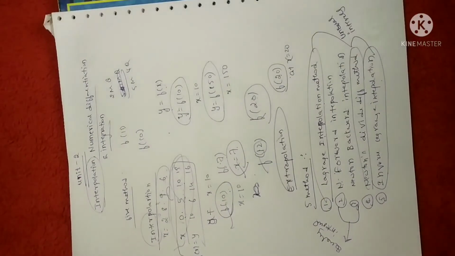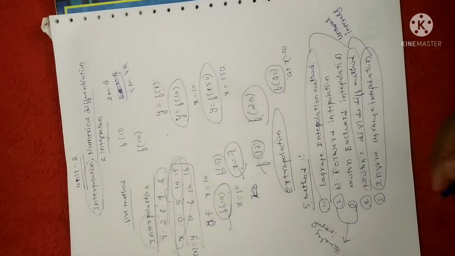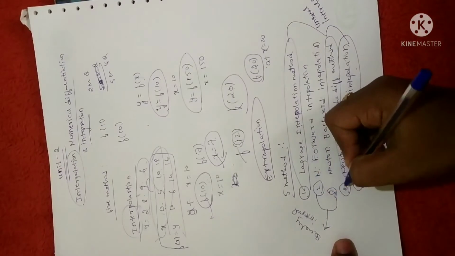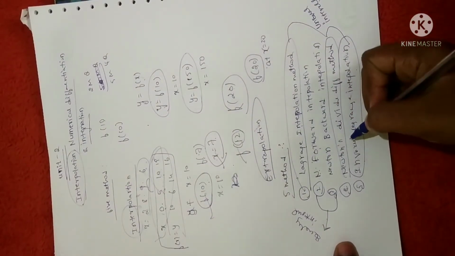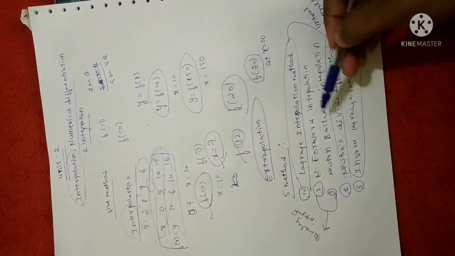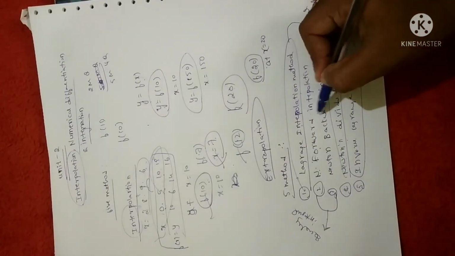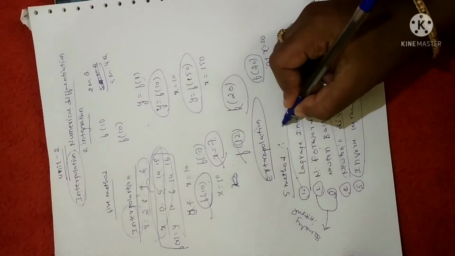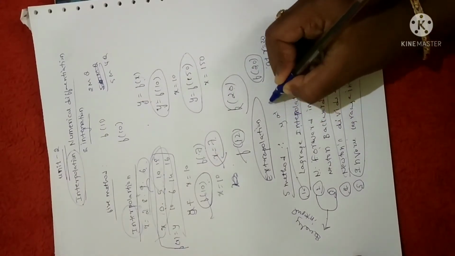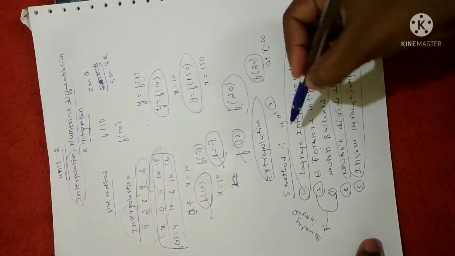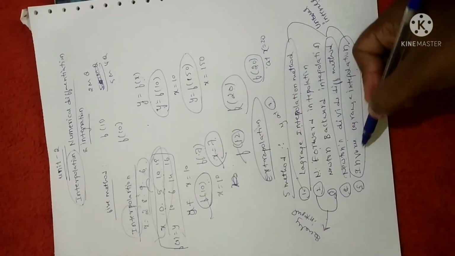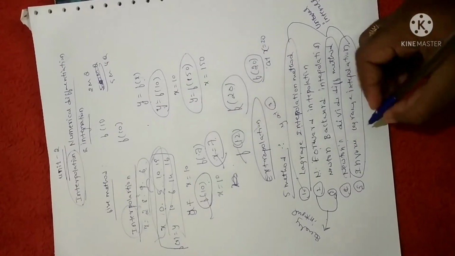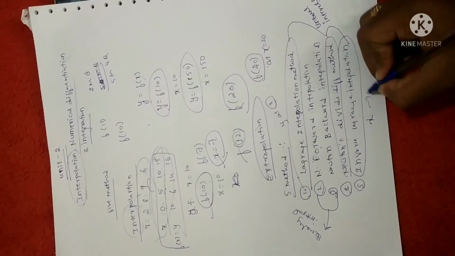Fine. And one more key point you have to remember: in the first 4 methods, Lagrange interpolation, Newton forward, Newton backward, Newton divided difference method, we are going to find the value of y at certain values of x, whereas in the fifth method, we are going to find the value of x for a given y value.